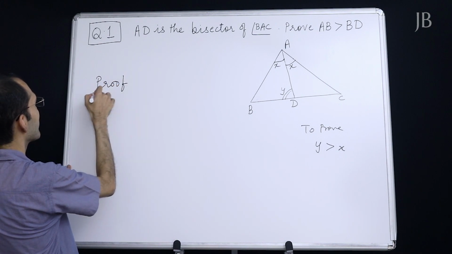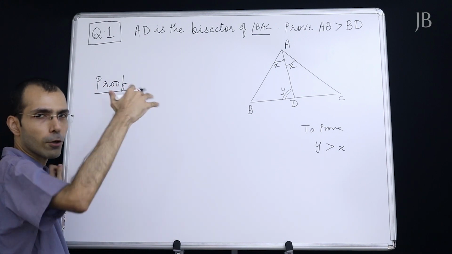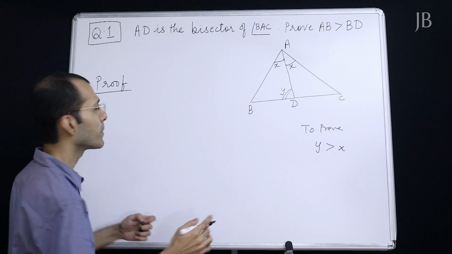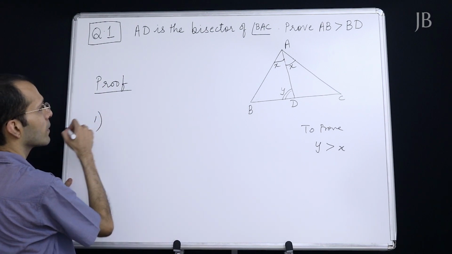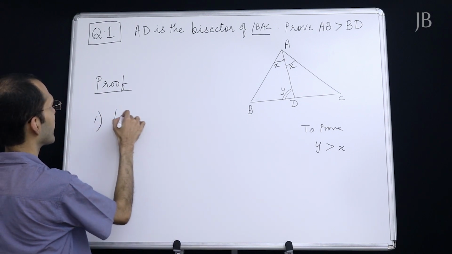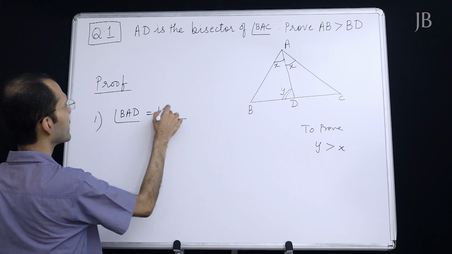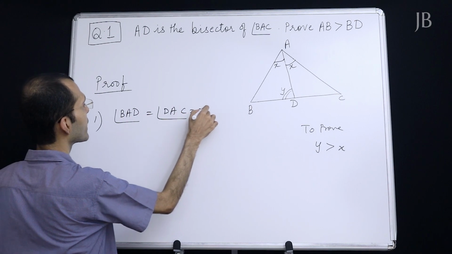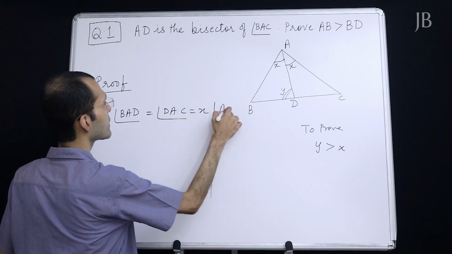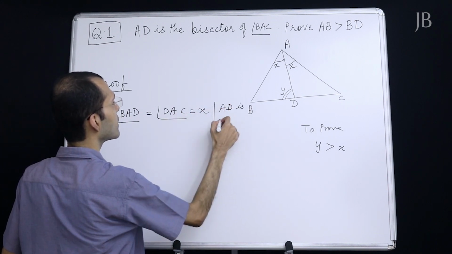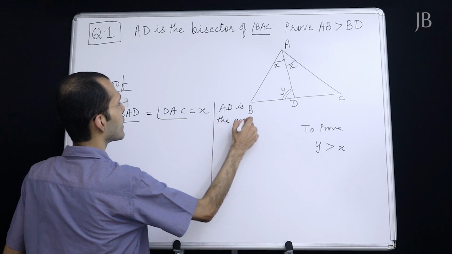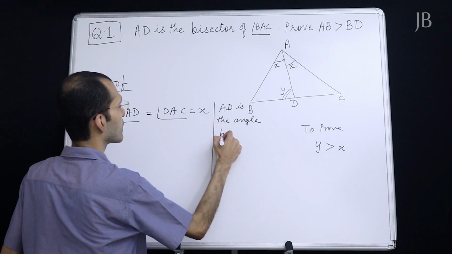So little analysis is required, and this is a little different from your other conventional geometry topics. We will write here angle BAD equaling angle DAC equaling X. The reason is AD is the angle bisector.